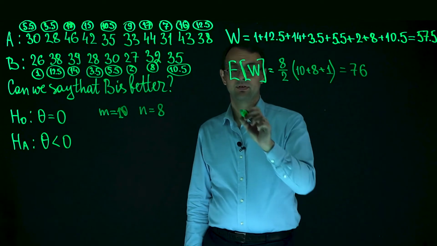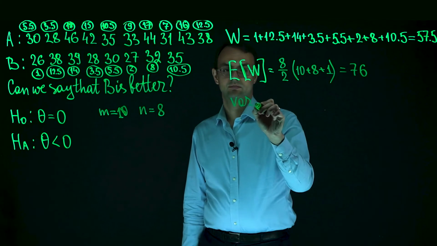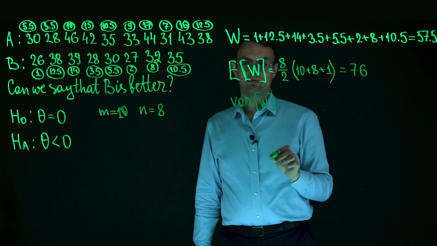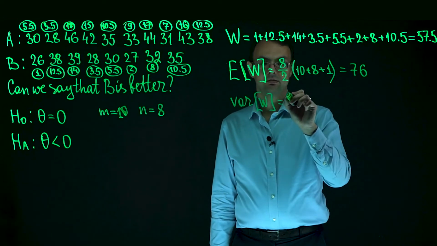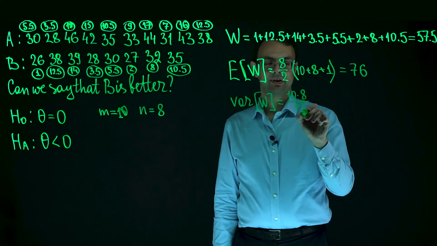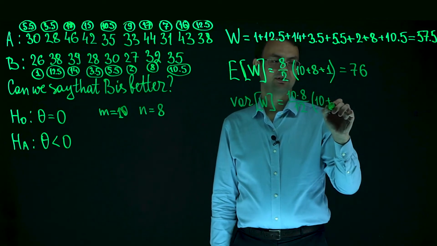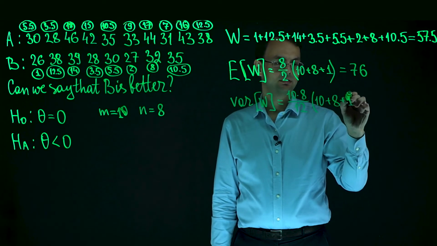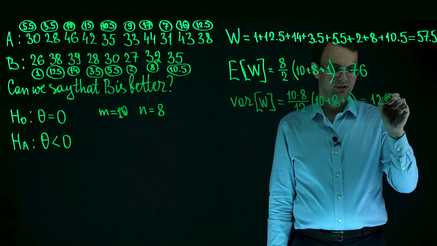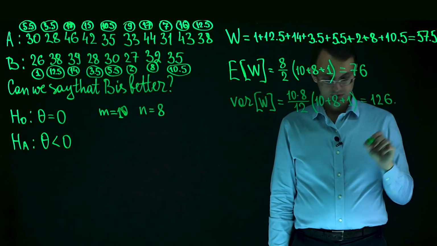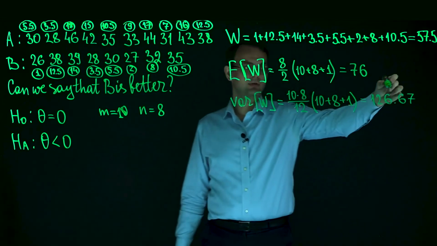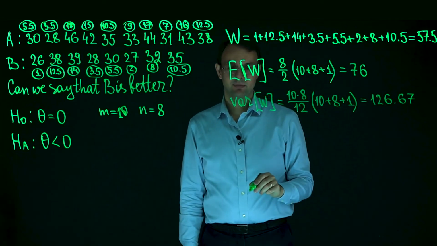Then the variance. Here we have m times n divided by 12 times m plus n plus 1. And this is equal to 126.67, if we round to 2 digits after the decimal point.